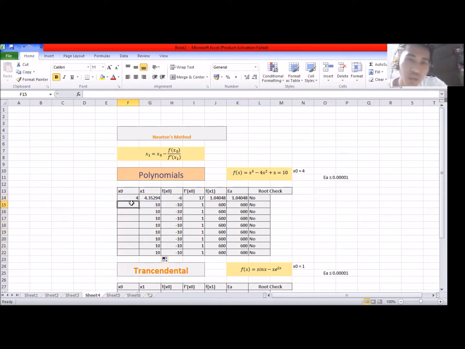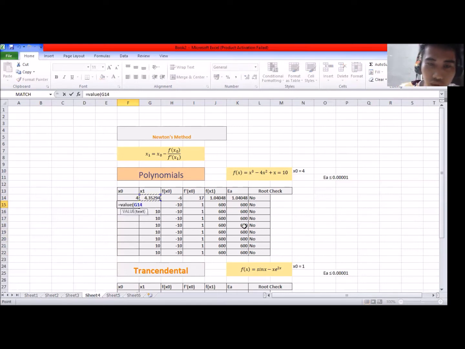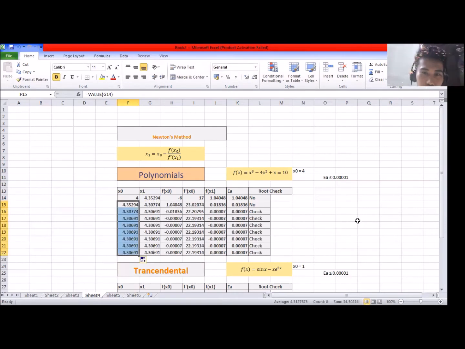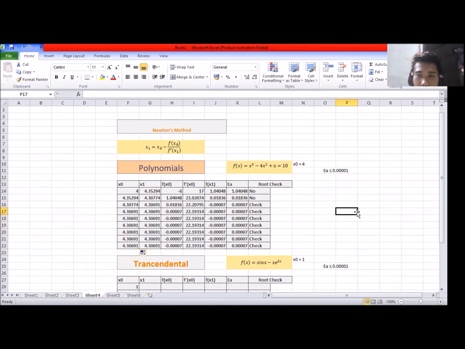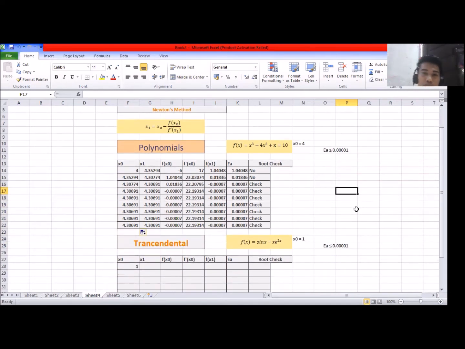And here we need to copy the x of 1, equals the value of x of 1. So by getting this, the third calculation gives the estimated root that is less than or equal to 0.000.